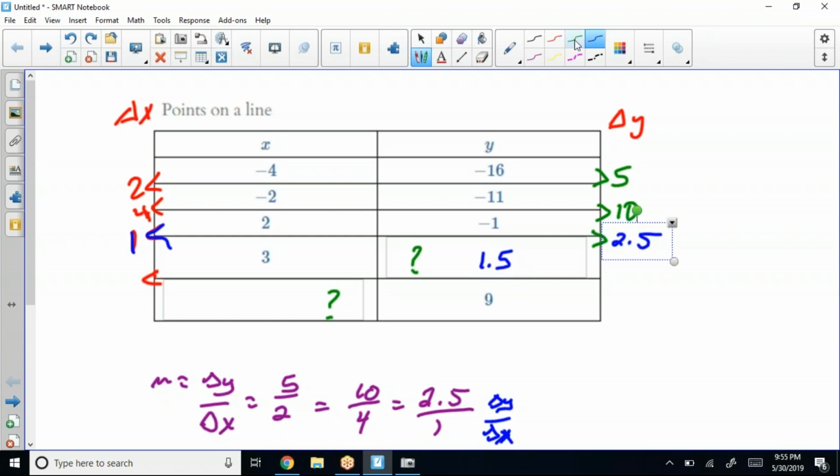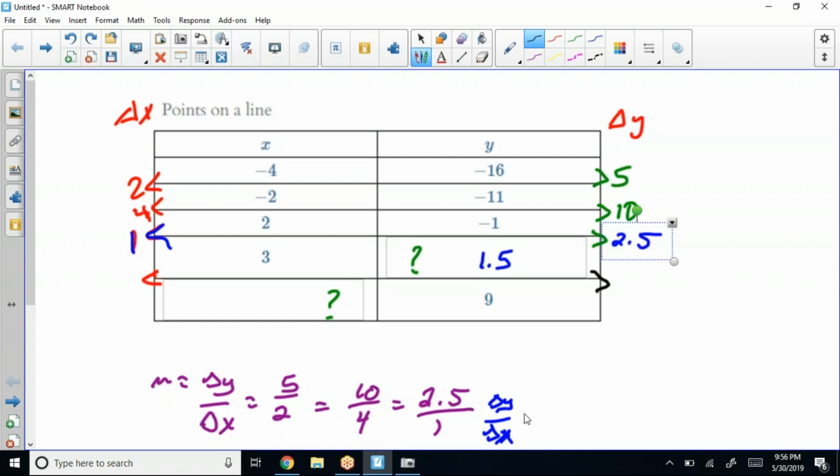That's how I got the first one. Do you see what I'm talking about? My change in X was 1, so my change in Y has to be 2.5 for that combo. If my change in X was 2, then I'd have to change 5 in the Y. If it changed by 4, then I'd have to change by 10 in the Y. So that's how I got that.